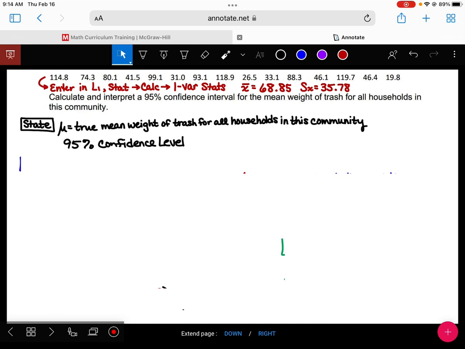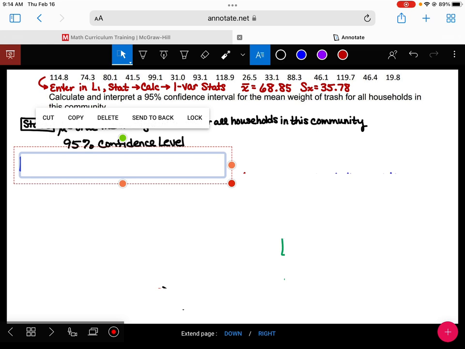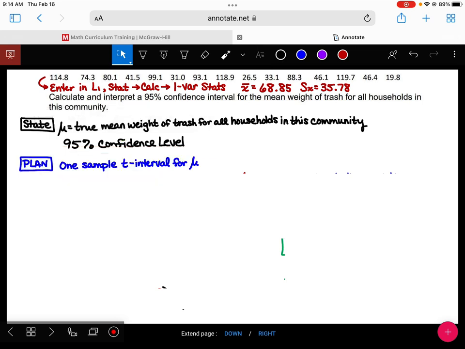What are the things that we need in the plan stage? Name of our procedure and check our conditions. What is the name of the procedure in this case? One sample t interval for mu.